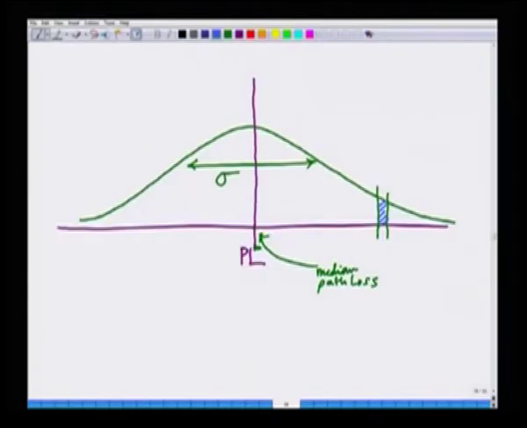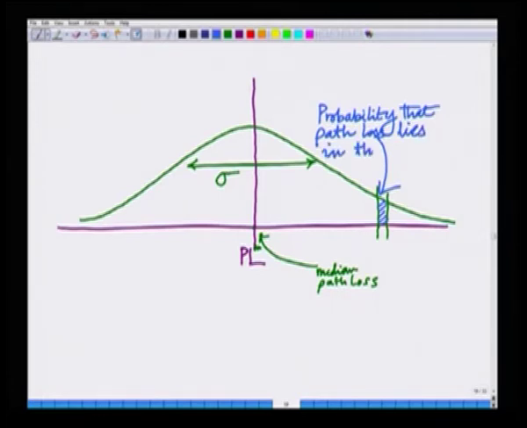Further, this is nothing but the probability that the path loss lies in this neighborhood, in the small interval.